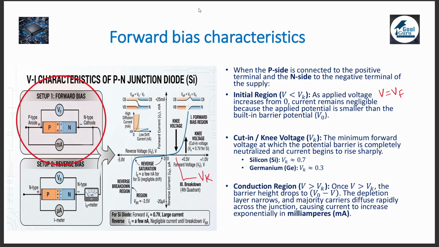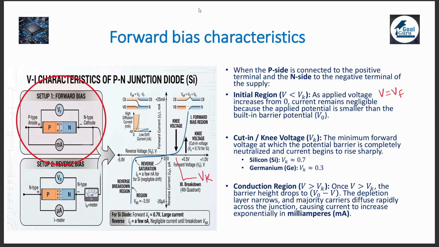Now, what is cut-in voltage? The minimum forward voltage at which the potential barrier is completely neutralized and current begins to rise sharply. This is indicated by Vk, and as told to you earlier, it is 0.7 for silicon and 0.3 for germanium.